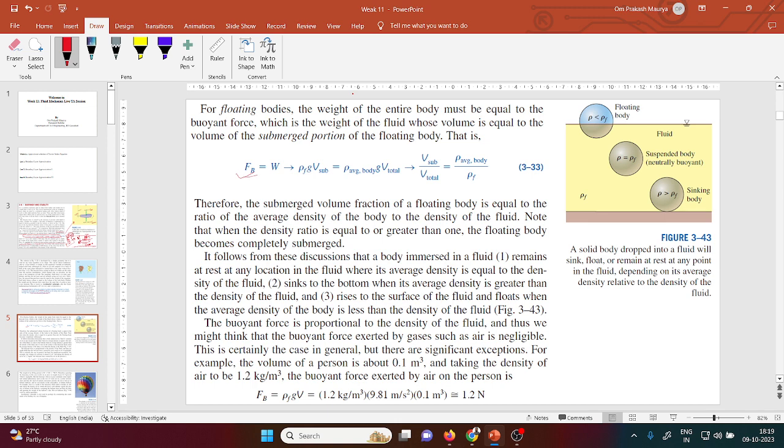So this is written here, which is the weight of the fluid whose volume is equal to the volume of the submerged portion of the floating body.